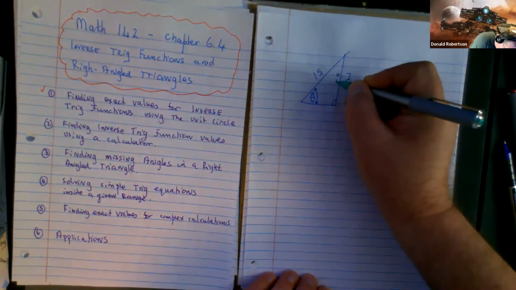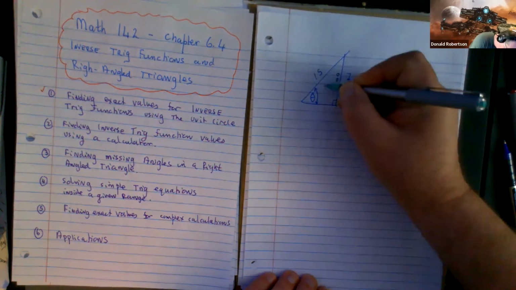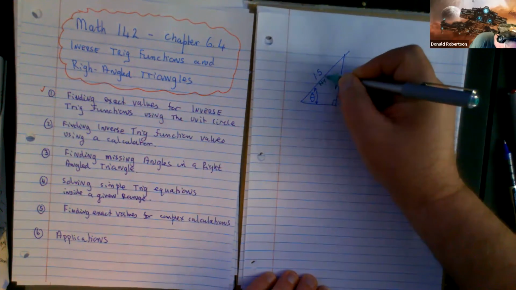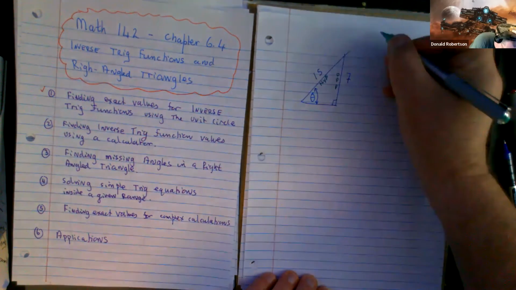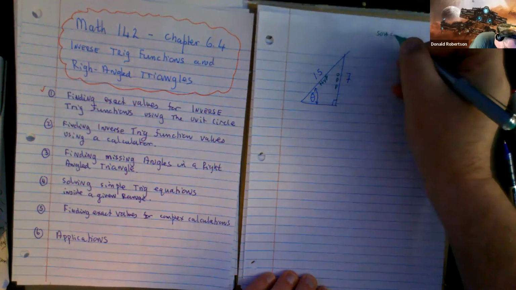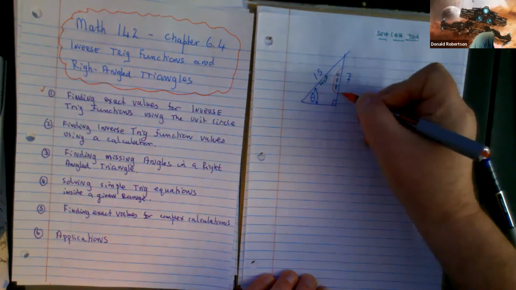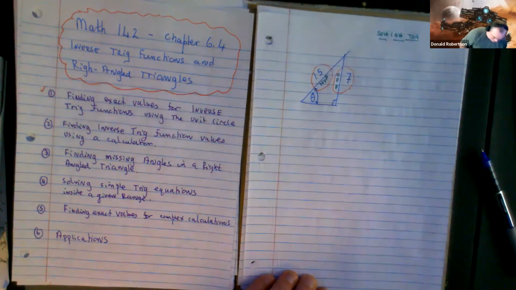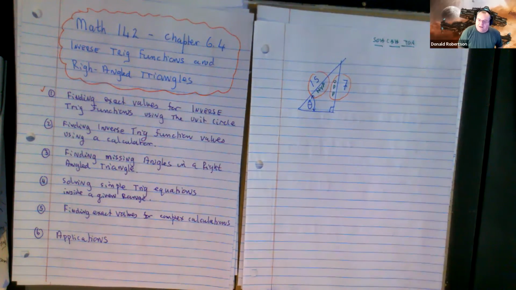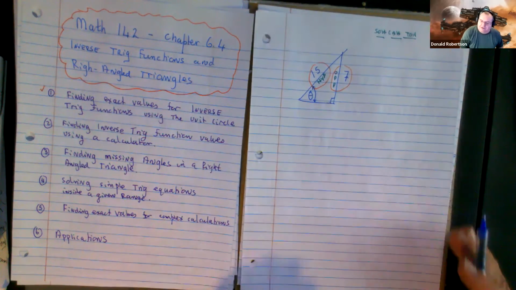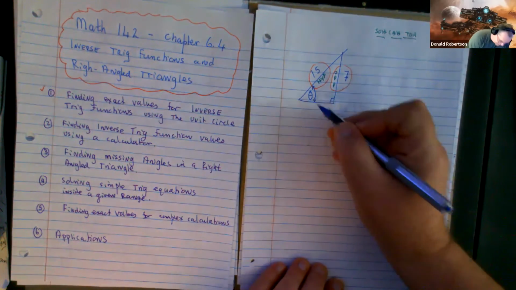First thing I'm going to do is name this side the opposite, and this side the hypotenuse. Because in this question, I know these two. All I need to do is find this fella.